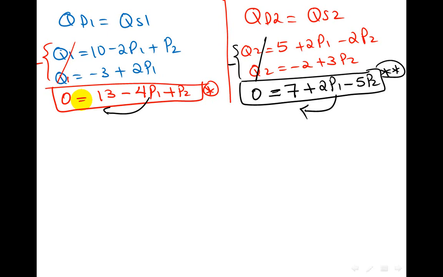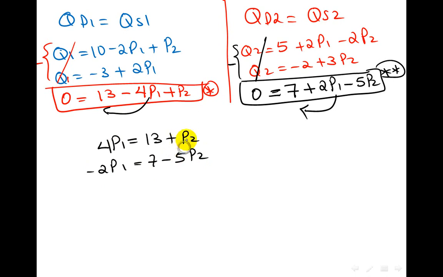If I talk about the first one, it will be 4P1 equals 13 plus P2. If I talk about the second one, it will be minus 2P1 equals 7 minus 5P2. But here there is a problem: these two are not equal.